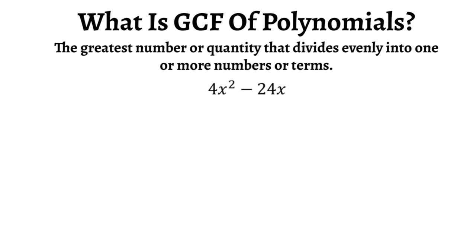What I'm going to first do is look at the coefficients, the 4 and the 24. What is the greatest common factor of the numbers? Notice how both of them are divisible by 4.